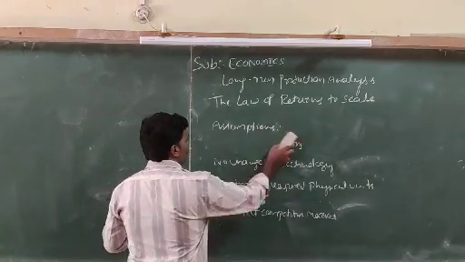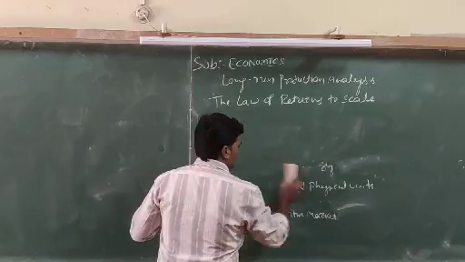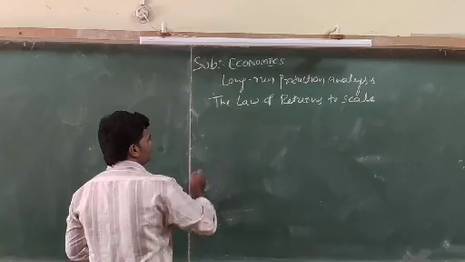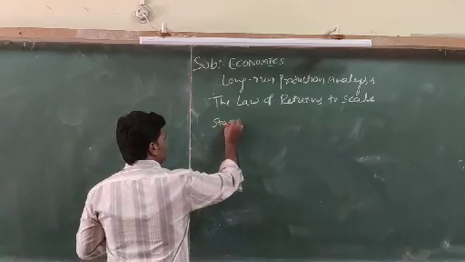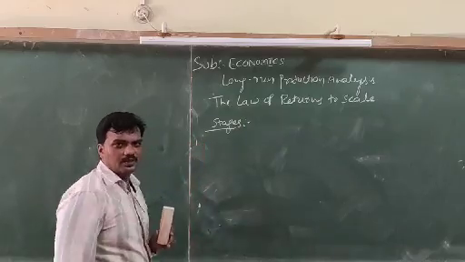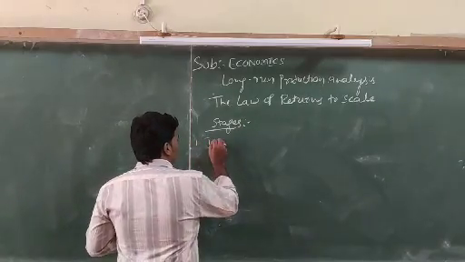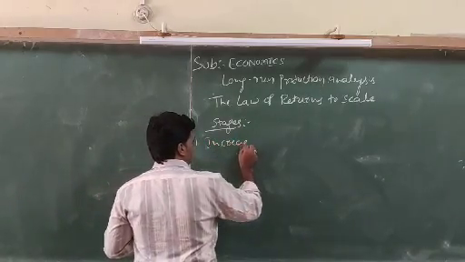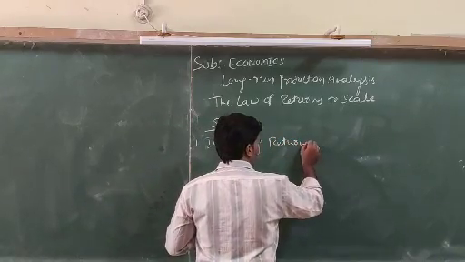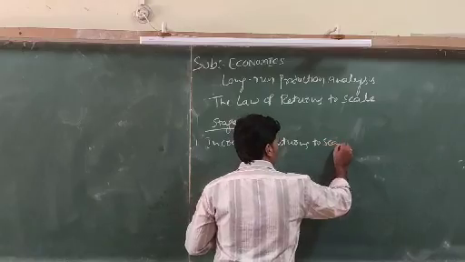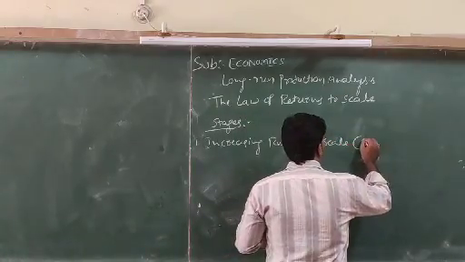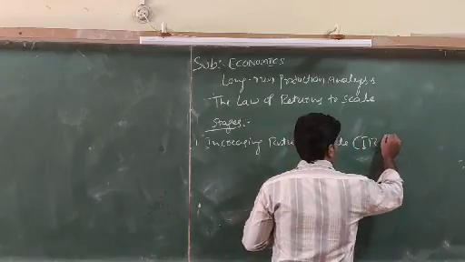Then in the law of returns to scale, there are three stages. The first stage is increasing returns to scale, which is shortly called IRS.